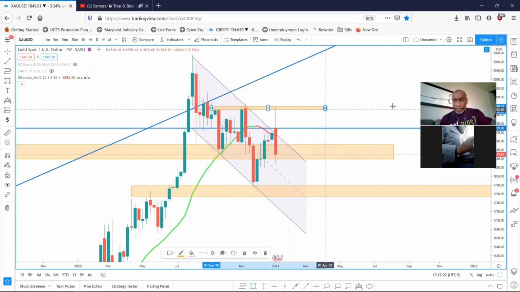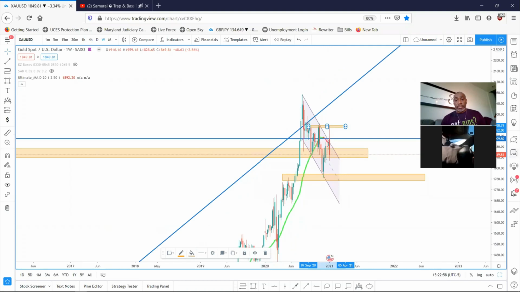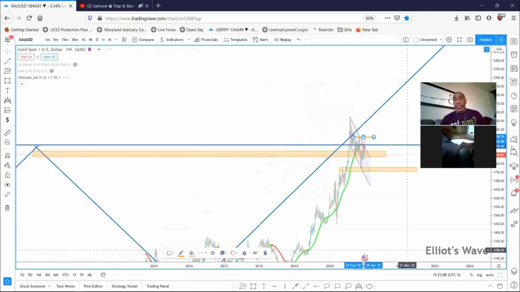So what I'm anticipating is this market possibly continuing to move back down into this zone here, creating a lower low. If she does that, then we're anticipating the market to continue to move down a little bit more before she shoots back up. But what I am definitely anticipating is this market finishing its move all the way up to 2,600.